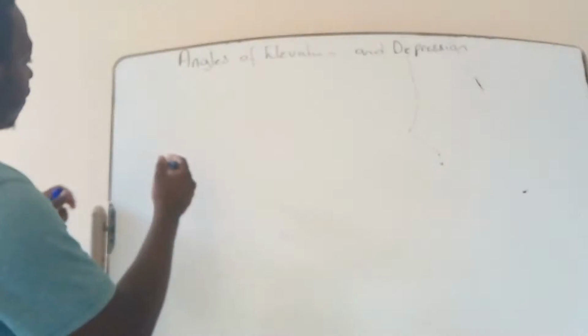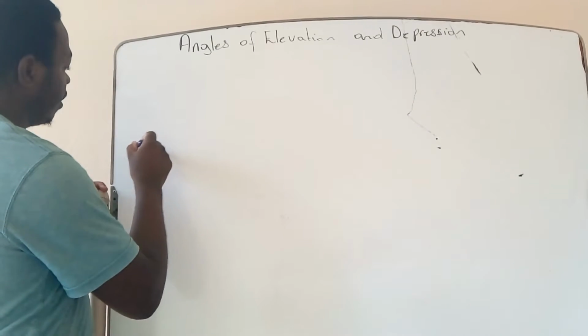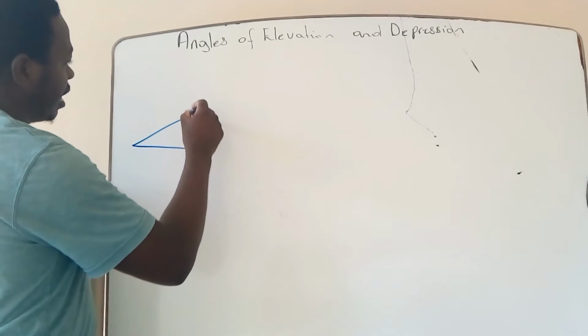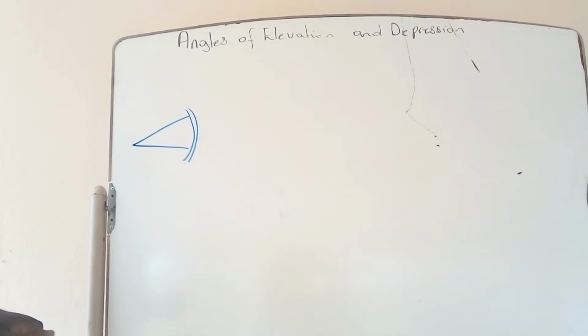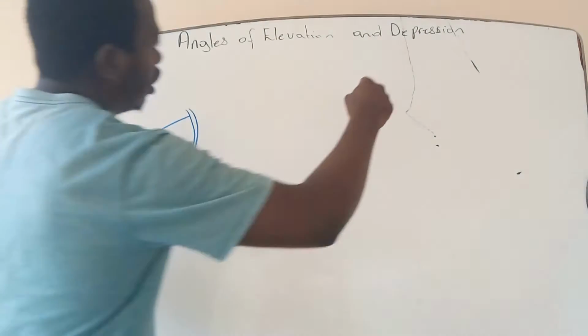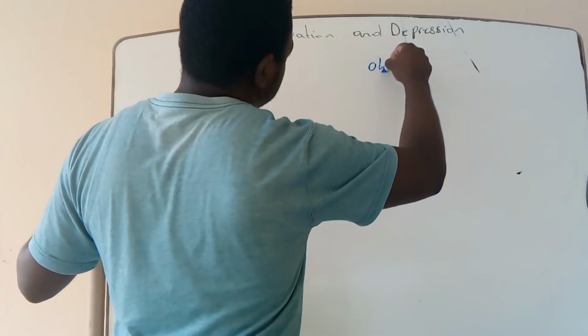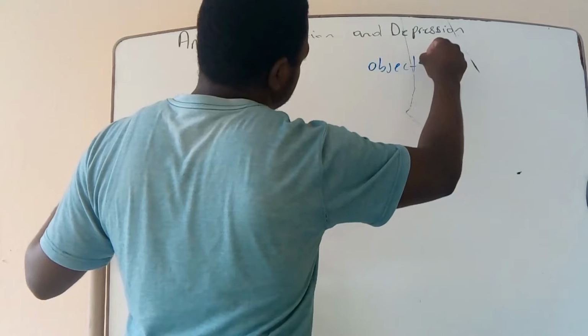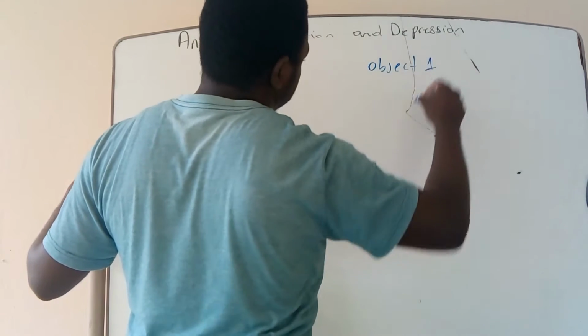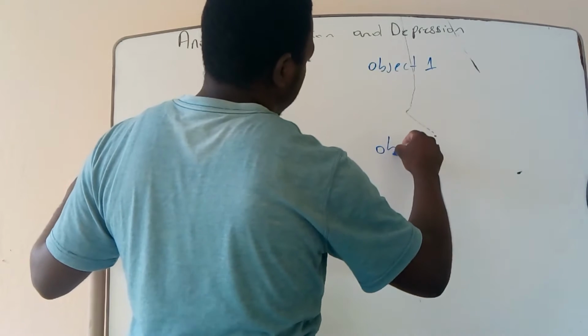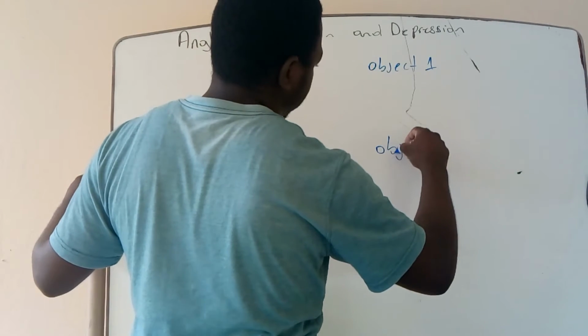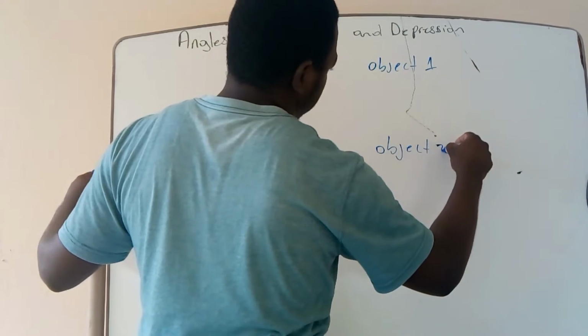Let's say you have an eye here, right? This is a representation of an eye, right? And you have two objects. You have object number one, and you have object number two, right?